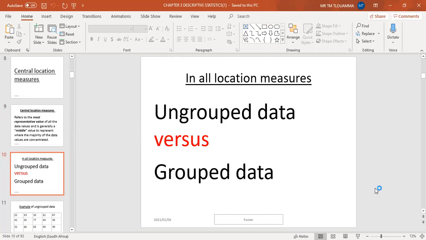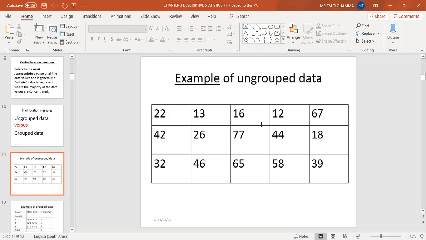These are the two types of data. So how do you identify whether this data is grouped or ungrouped?